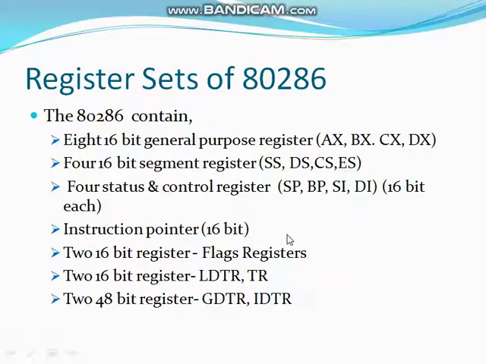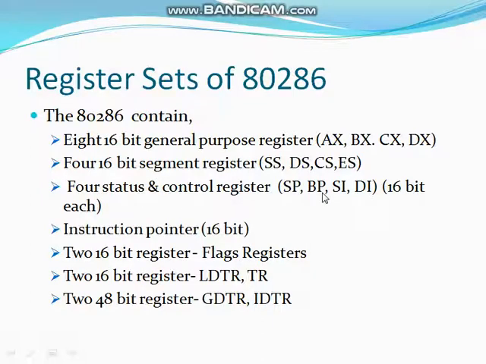These are the set of registers used in the 80286. There are four general purpose registers of 16 bits each. These are the segment registers, four segment registers, again 16 bits each.